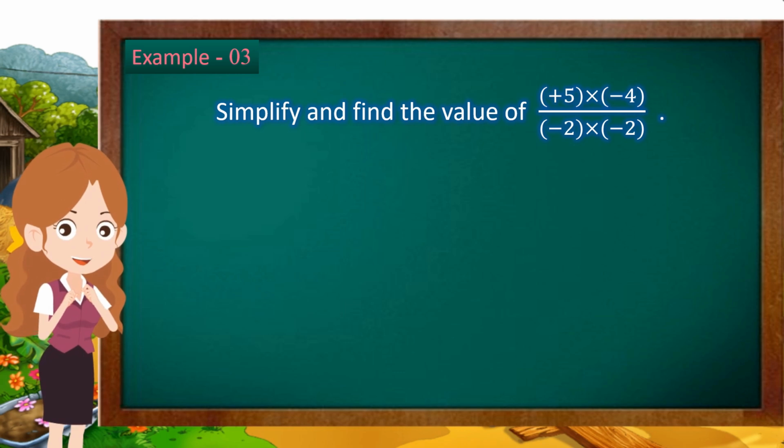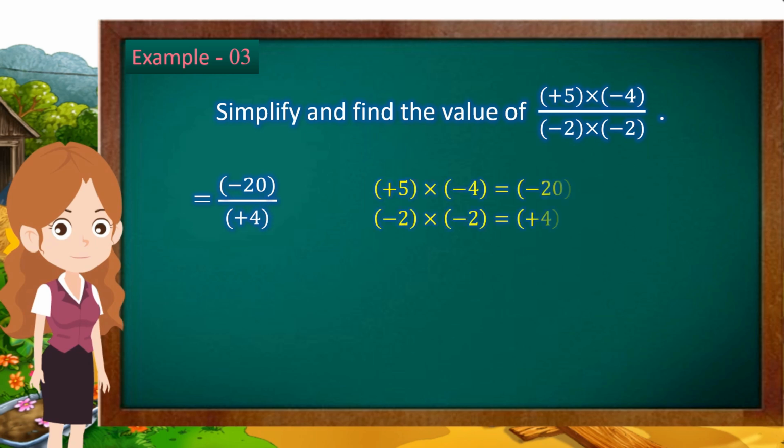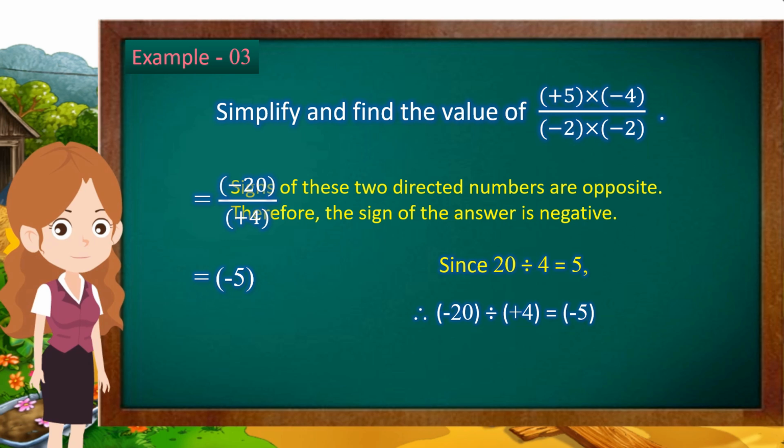So let's simplify this problem like this. Since the signs of these two directed numbers are opposite, the sign of the answer will be negative. Accordingly, when minus 20 is divided by plus 4, the answer is minus 5.